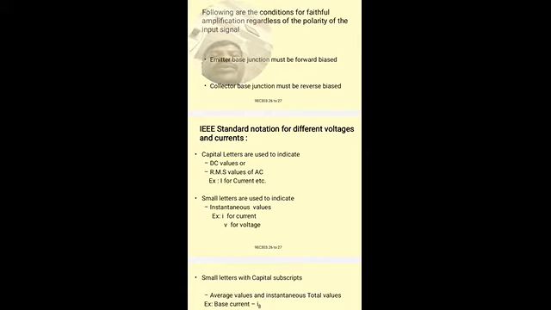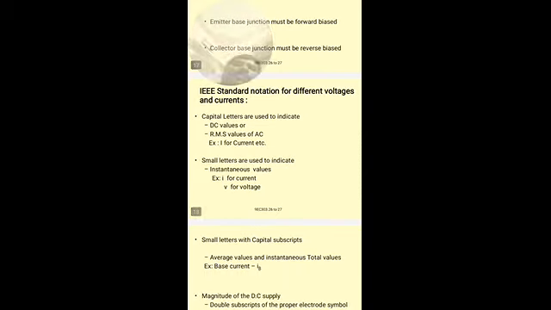Small letters are used to indicate the instantaneous values of current and voltage, small i for the current and small v for the voltage. Small letters with capital subscripts, like small i with capital subscript B, represent average values and instantaneous total values.